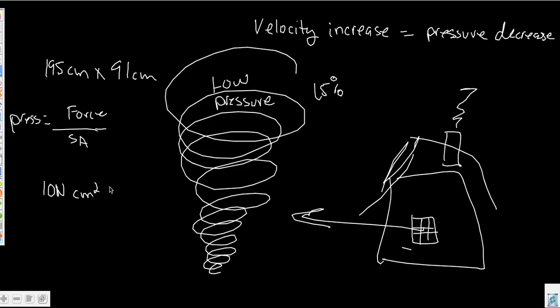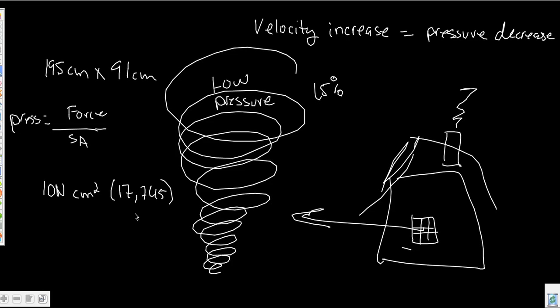Okay, so if we were to take that 10 newtons per square centimeter, and here's our surface area right here, if we were to multiply that times our surface area, this multiplied by this is going to be 17,745, and we multiply that times 10. Then we're going to get the actual amount of force that the windows normally have on them.